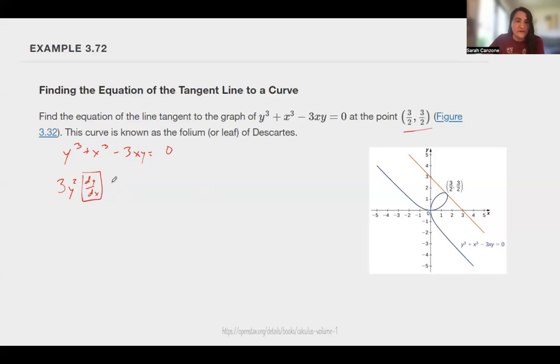All right, let's take the derivative of x cubed. That's plus 3x squared. We don't need to write anything because that's the derivative with respect to x of an x. And then we have this product rule. It's very important to recognize this as a product rule and not just take the derivative with respect to a single variable.